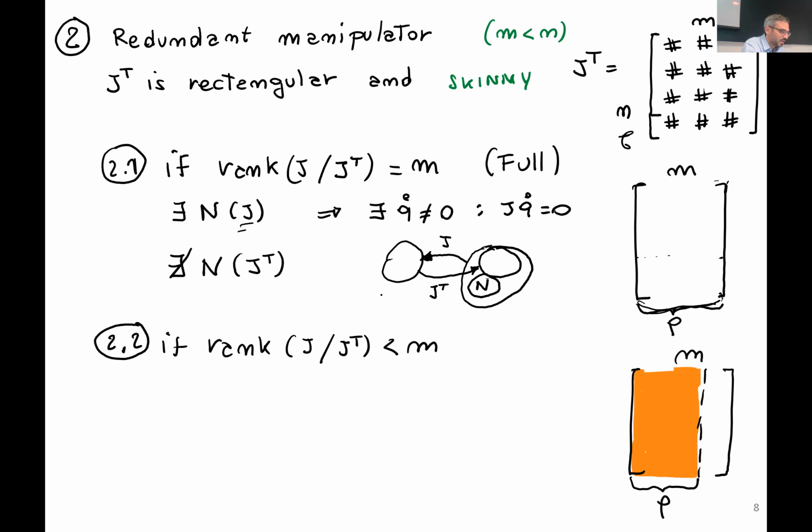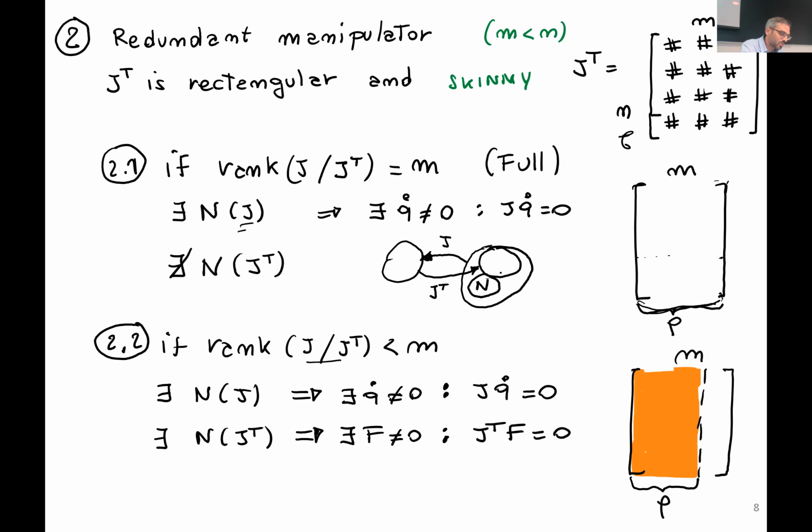While if the rank is lower than m, then we do have a null space for J because we have a redundancy as before, and also we have a null space for J transpose, because we have m minus rank as the dimension of the null space of J transpose.